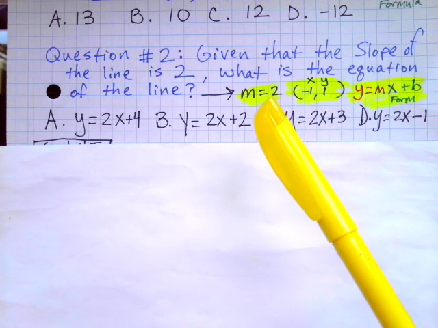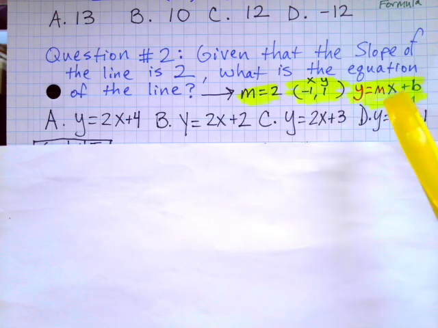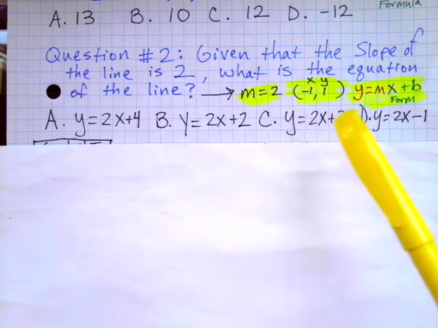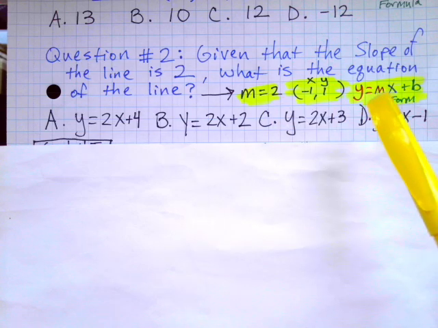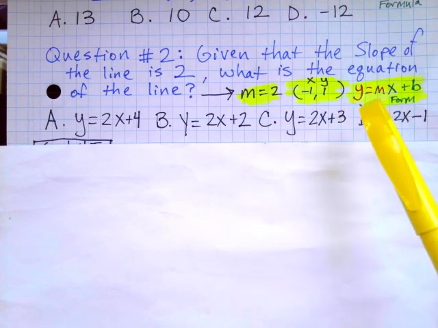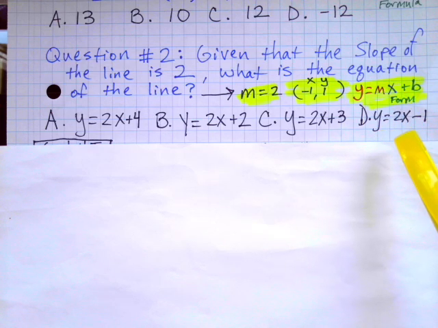So I substitute the values here, and then solve for b. Once I know the value of b, I can substitute my m value, 2, and the b value, and I've created the equation A, B, C, or D. That's how we're going to answer it.